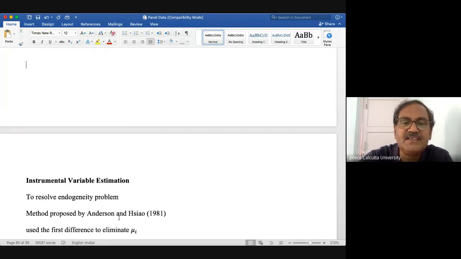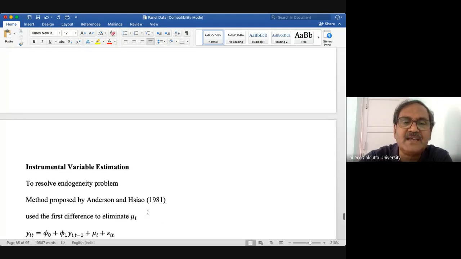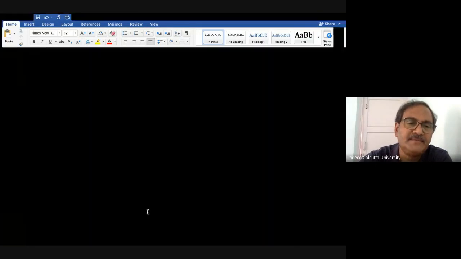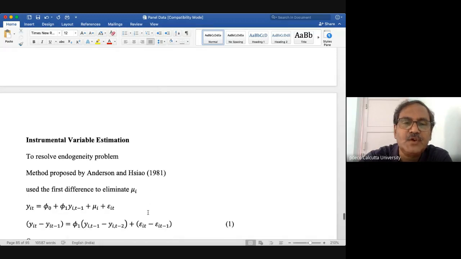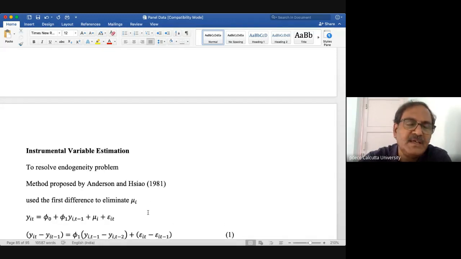And this methodology was developed first by Anderson and Hsiao in 1981. So let us discuss the methodology of using instrumental variable to estimate dynamic panel data model as developed by Anderson and Hsiao in 1981.